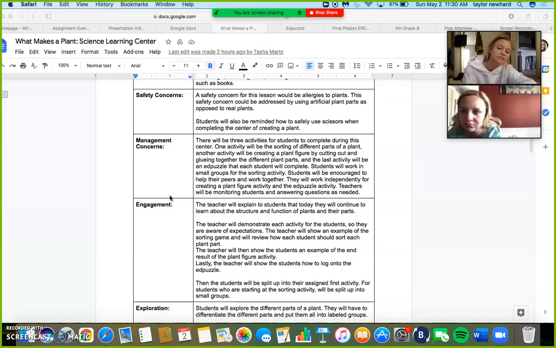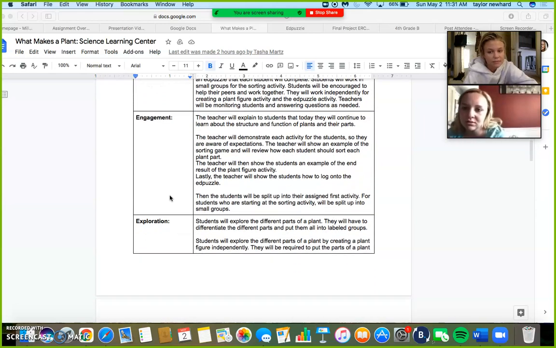And then the last activity will be an Edpuzzle that each student will complete either independently or with the teacher's help. And then students will work in small groups for the sorting activity. They'll be encouraged to help their peers and work together. And then the other 2 activities will be independent, so creating the plant figure and the Edpuzzle. But like we said, teachers will be monitoring students and answering questions as needed.